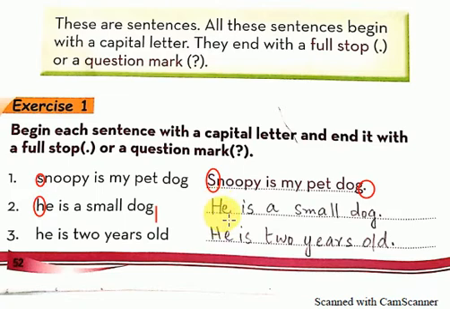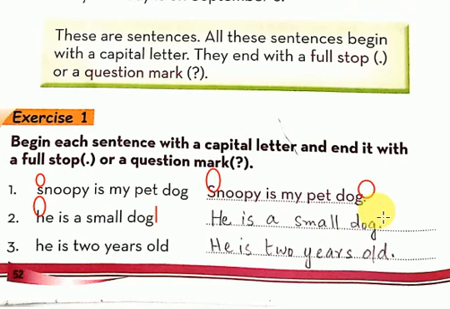He is a small dog, and then at the end you have to put a full stop. Like this, see option number 3: he is 2 years old. Same error, you have to write H capital, and at the end of the sentence a full stop will come.